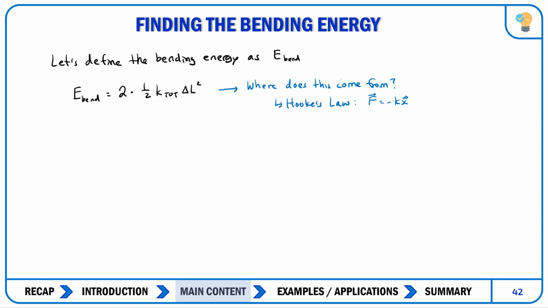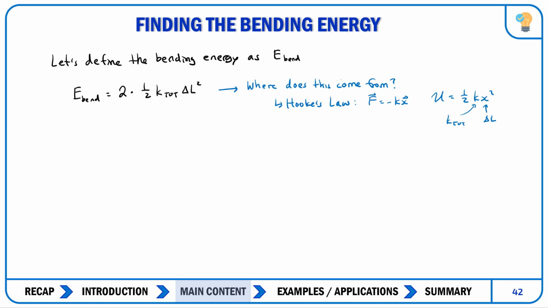So if I'm taking a look at the energetics of this, I'm going to have U being equal to 1/2 kx squared. So x in this case is going to be the change in distance, delta L, and then k in this case is going to be K total, because we're looking at the entire spring constant of the whole rod that we're looking at.